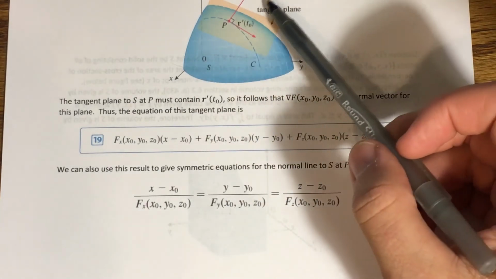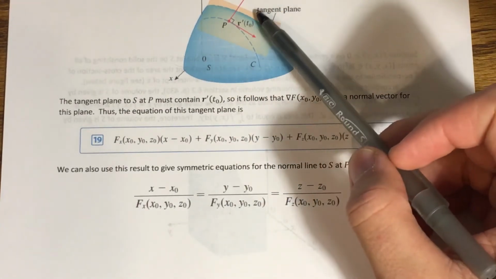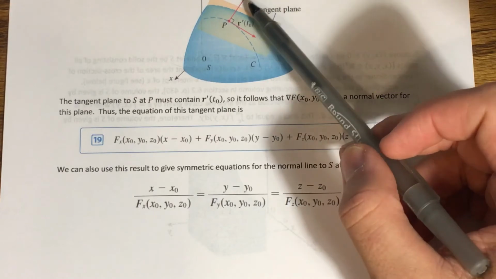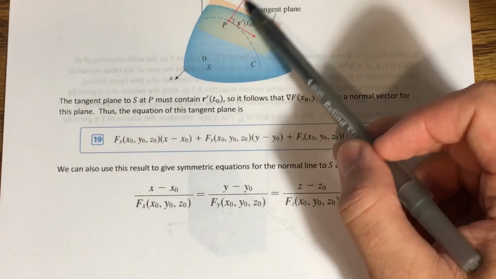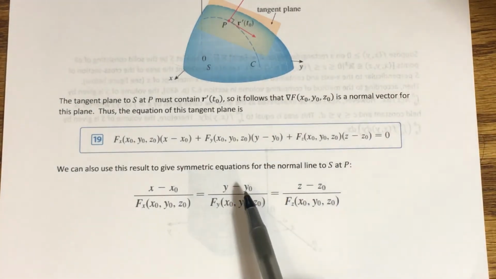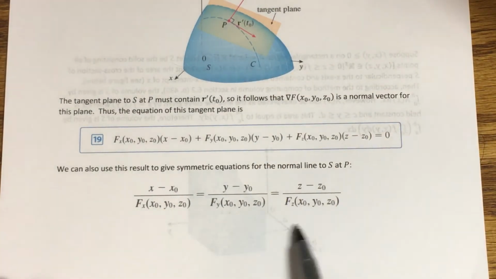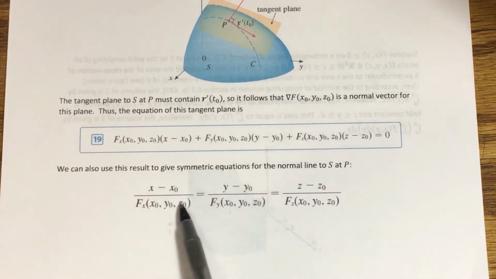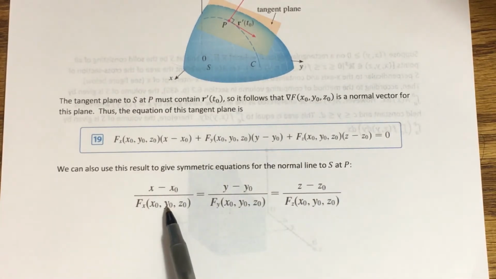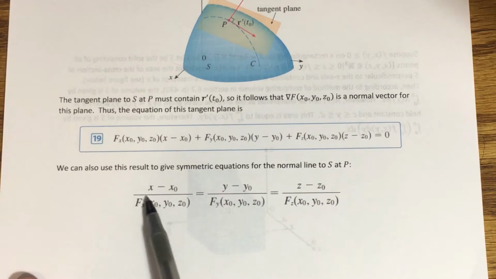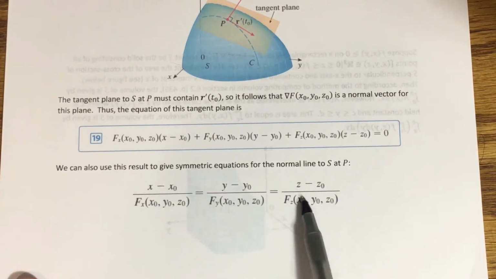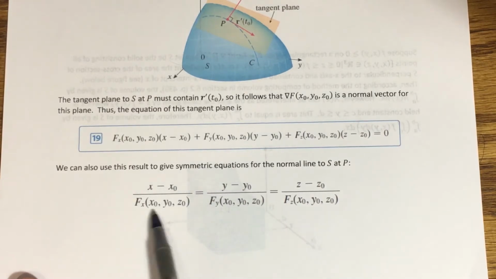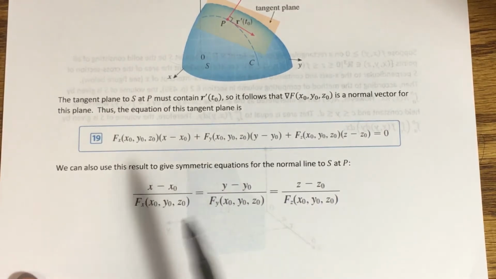The fact that del f is orthogonal to the plane means that this vector is actually a direction vector for the normal line passing through P. So with that said, we can easily come up with symmetric equations for that line using what we know about symmetric equations from chapter 12. It would look like this: x minus x naught over fx equals y minus y naught over fy equals z minus z naught over fz. That's the symmetric equations for the normal line to S at that point P.